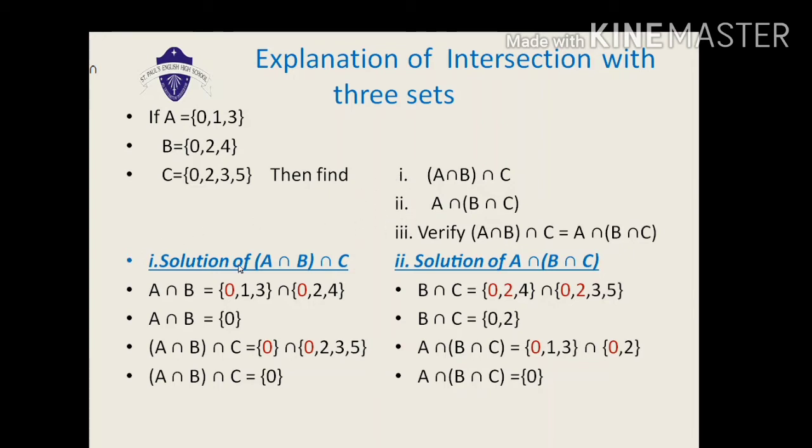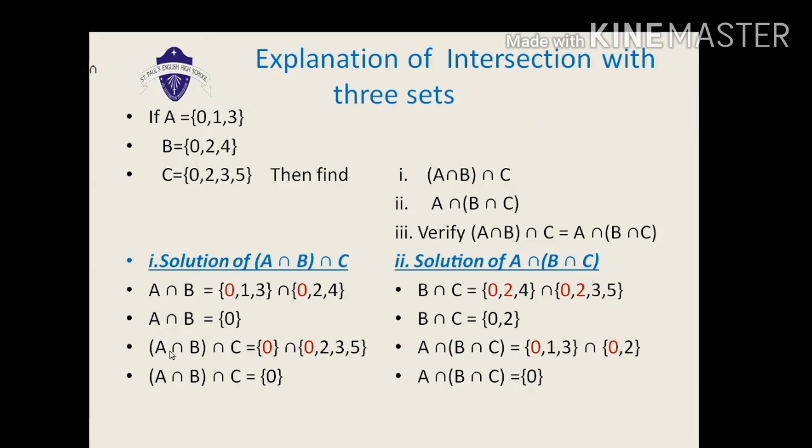So first we will find its first part, that is (A ∩ B) ∩ C. According to the method, first find the intersection of A and B, then the intersection of the resulting set with C. So A ∩ B is equal to members of set A intersection members of set B. So the intersection of the resulting set is equal to {0}.